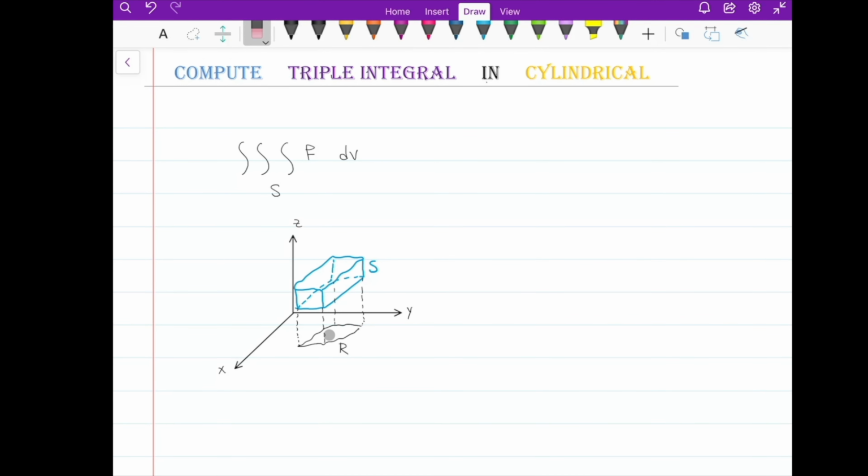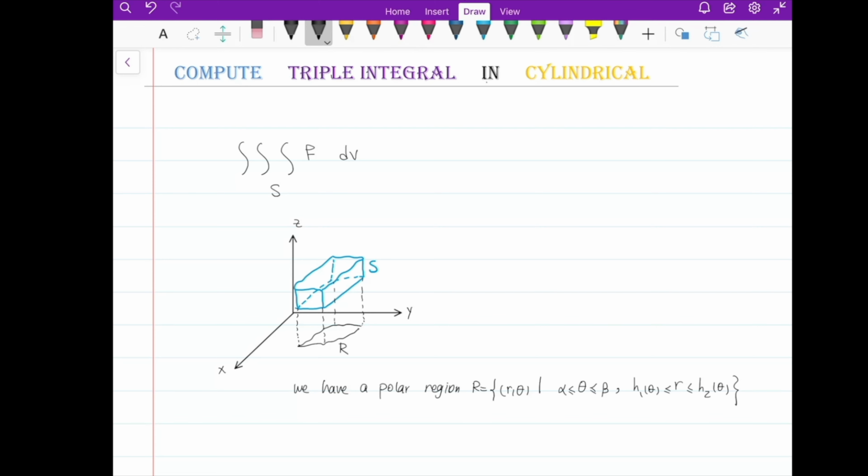So we have a polar region, and the description of R is all the points (r, theta) such that theta is between alpha and beta and r is between h1 of theta and h2 of theta.